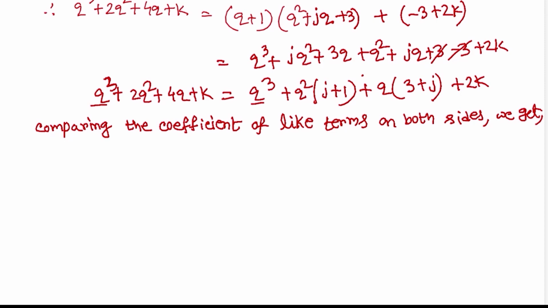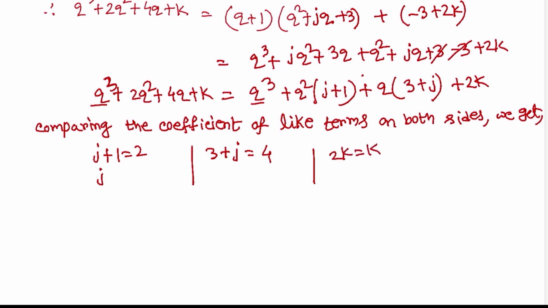Coefficient of q square is 2, so we can write j plus 1 equals 2. Next, coefficient of q is 4, so we can write 3 plus j equals 4, and 2k equals k.